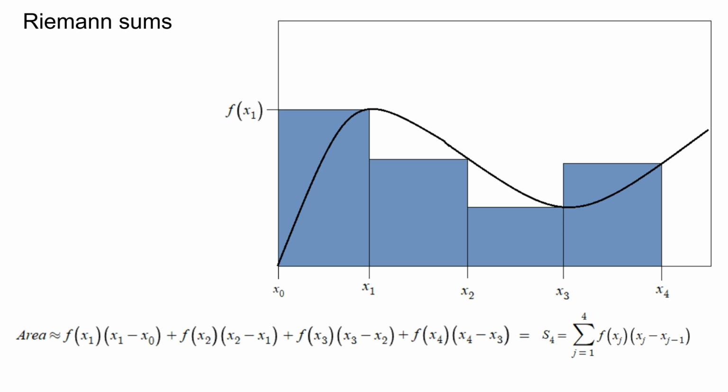We can say that this is equal to S4, which is also equal to the sum of f of xj multiplied by xj take away xj minus 1, which is continued for 4 units, as we can see in the sigma symbol, where j starts at 1 and goes to 4, so there will be 4 different expressions that need to be added together.